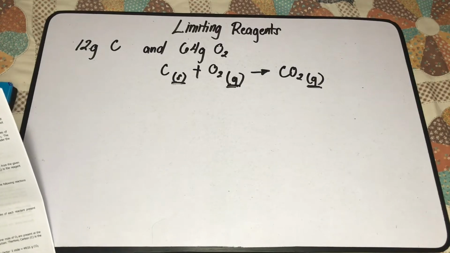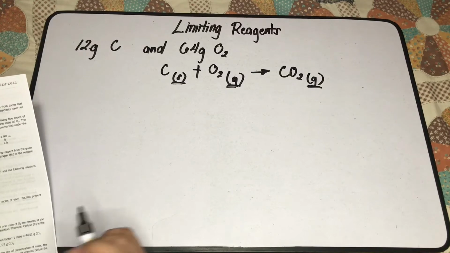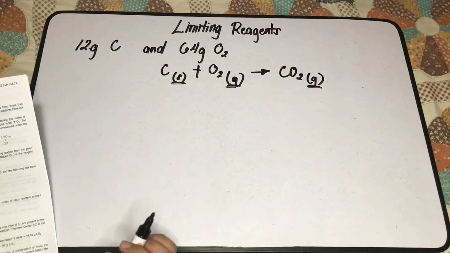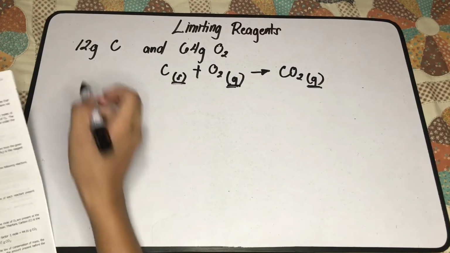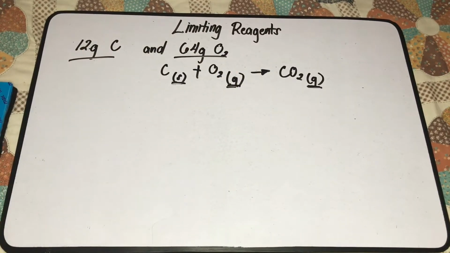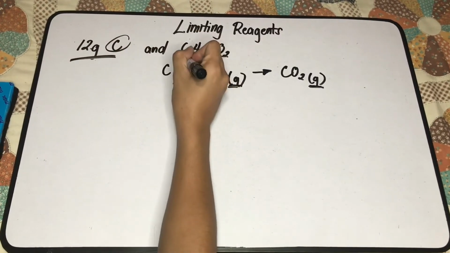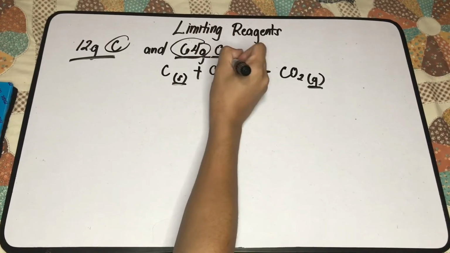So first, how will we know kung ano yung reactant, ano yung limiting reagent and yung excess reagent rather. So para makuha natin kung ano yung limiting reagent and excess sa mga reactant, kailangan natin i-convert etong dalawa, yung 12 grams and 64 grams into moles. Titingnan natin kung ilan moles yung 12 grams ng carbon at saka ilang moles yung 64 grams ng oxygen.